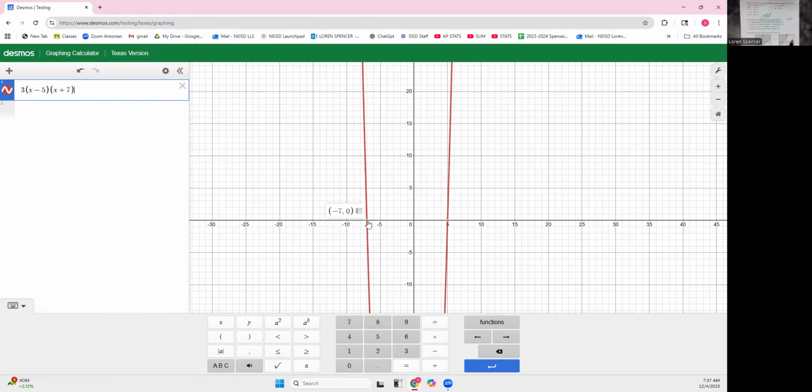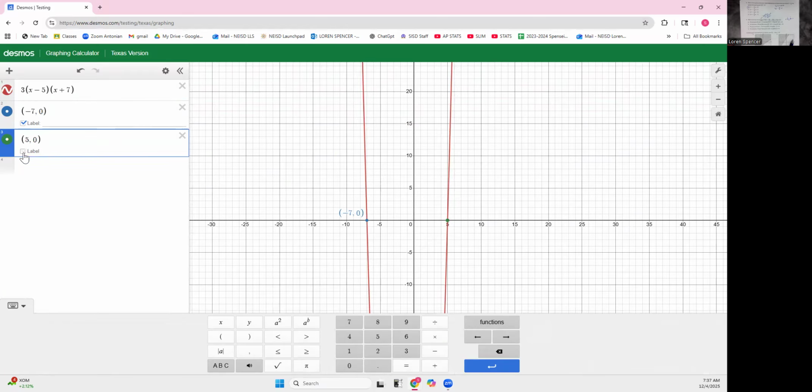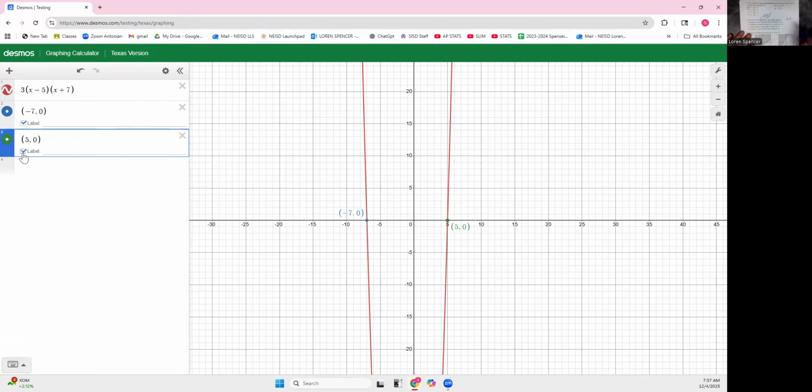And we say, oh, we cross here, label that. And then we also cross right there, and I'm going to label that. So in this case, we cross at -7 and 0. And we also cross at 5 and 0.